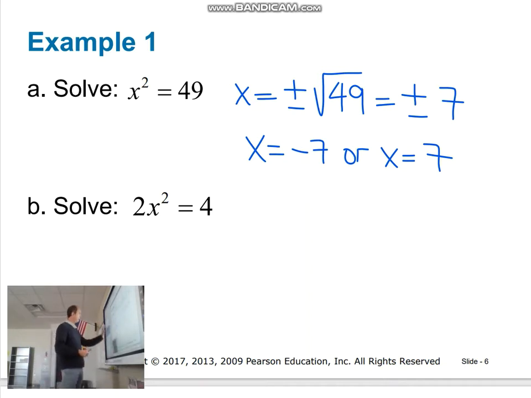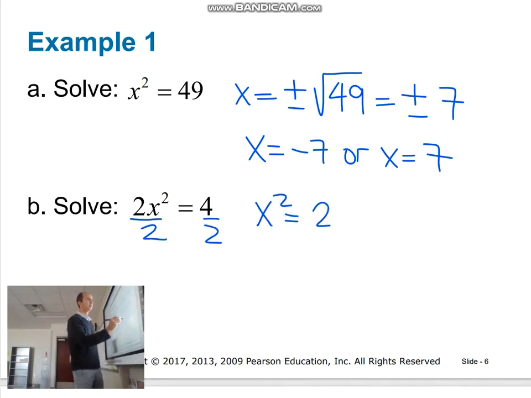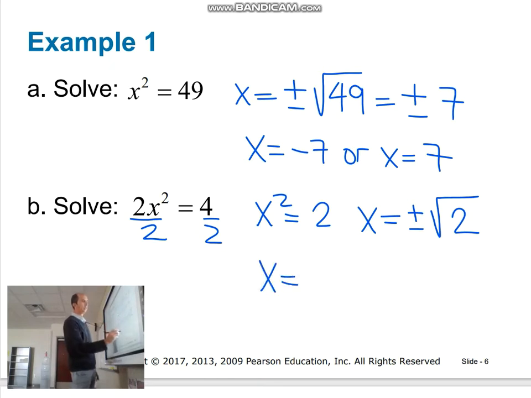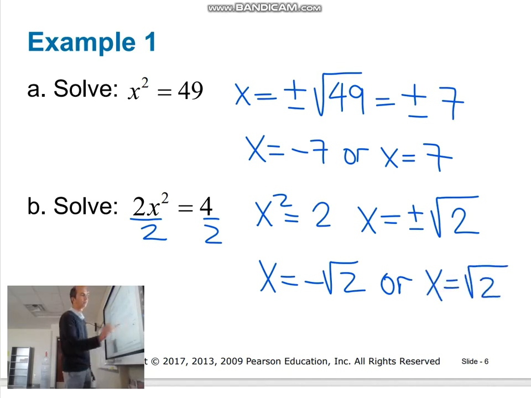Letter B, solve 2x squared equals 4. That means divide both sides by 2, right? Both sides you can divide by 2. x squared equals 2. x equals positive or negative square root of 2. And x equals negative square root of 2 or x equals positive square root of 2.